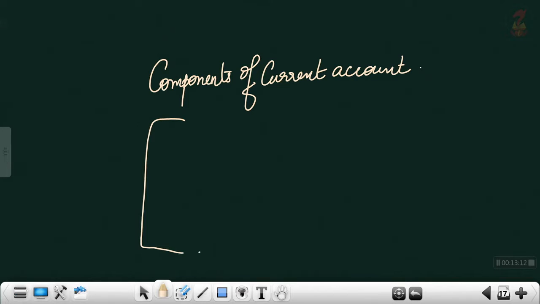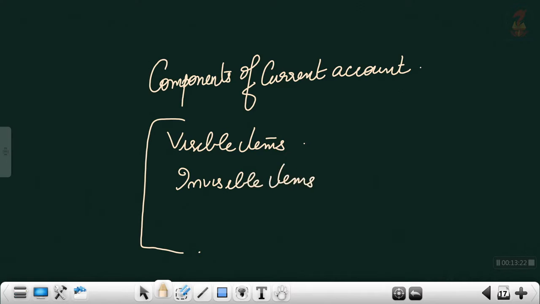In the current account, we have visible items. Once again, I am writing for clear understanding. Invisible items, unilateral transfers.